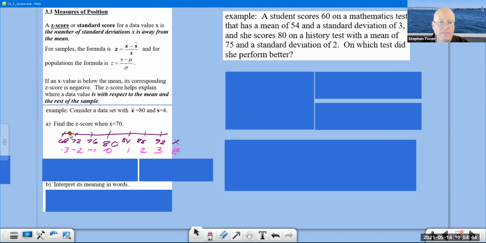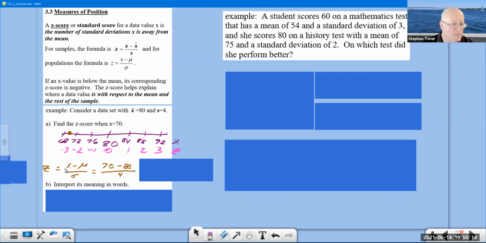Now, I placed a brown dot on the number line where 70 is located, halfway between 68 and 72. Now, that being the case, I can just kind of tell ahead of time that the z-value or z-score is going to be -2.5.